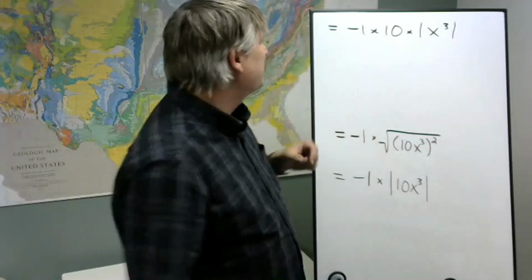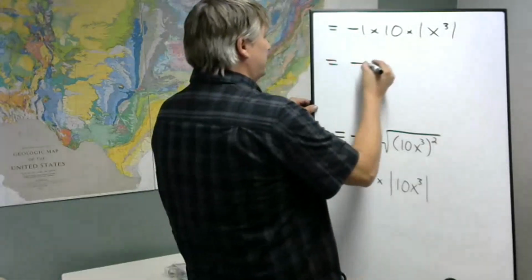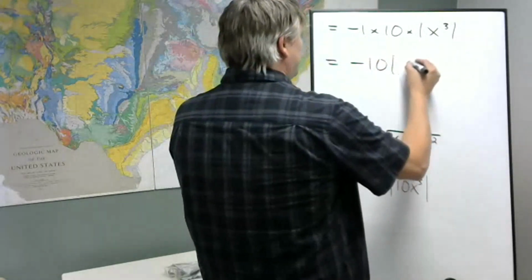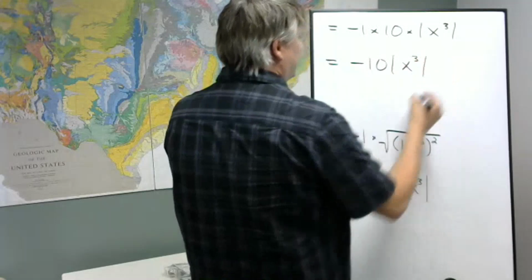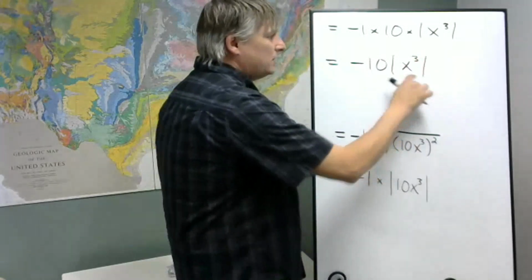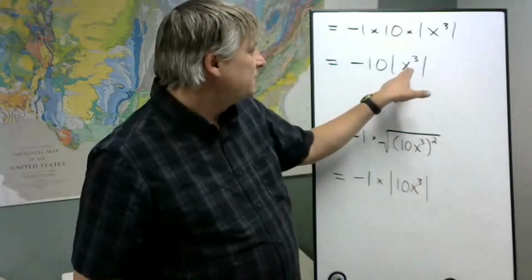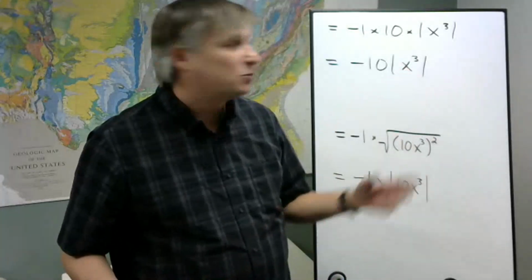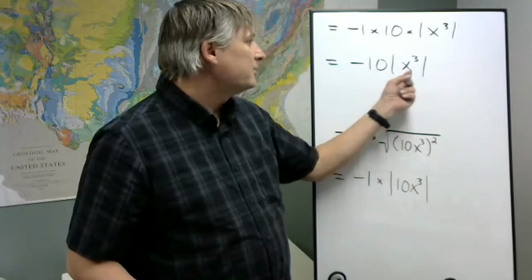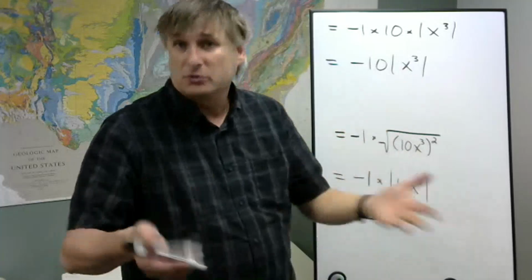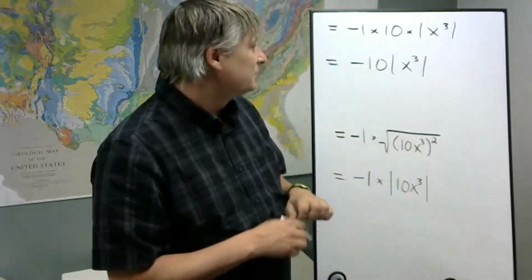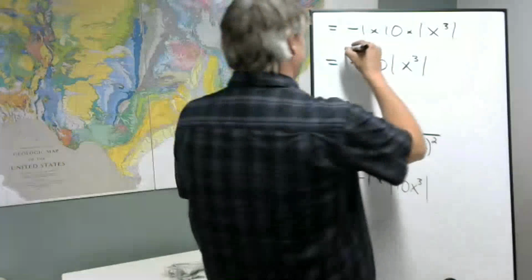We multiply these together. We get -10 absolute value of x cubed. And this we do need to keep the absolute value because, again, if you put a -2 in for x, you could get a negative in here, and we need to make it positive according to our rule. So this will be our answer.